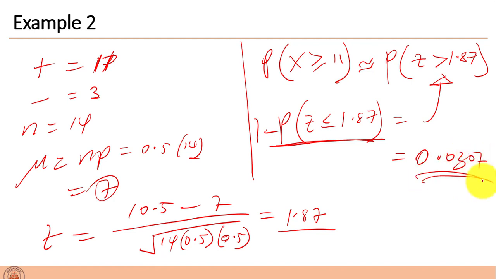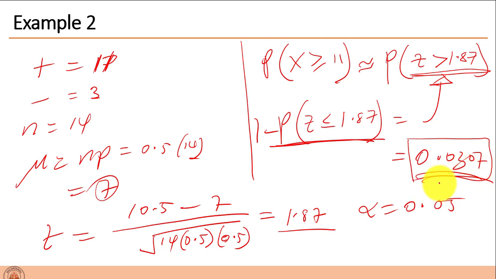If you have the negative table, that's fine, you can just go ahead and read that. If you don't have it, then you will have to read it in the positive table and subtract to get this probability value. So we have the probability value to be less than our alpha. We decided to use 0.05, and 0.0307 is actually less than this particular one here.